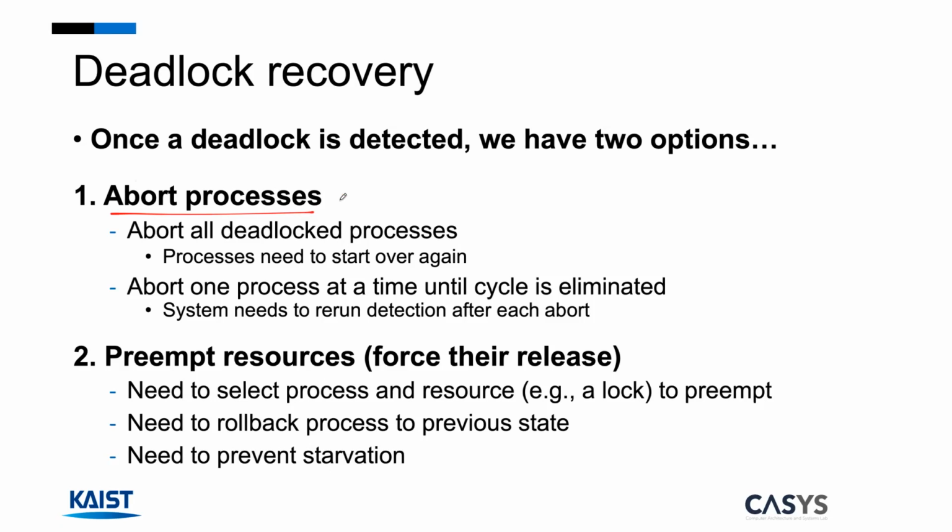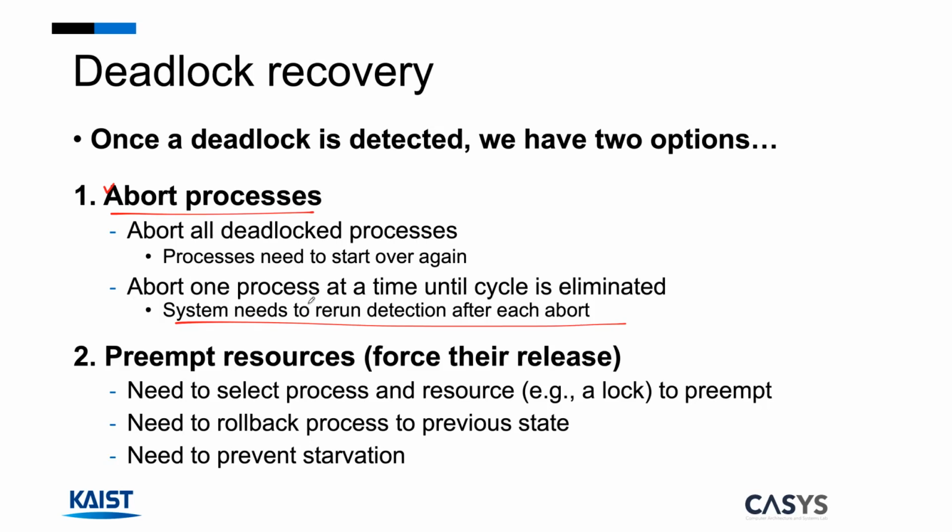So the process is involved in the circular cycle. If the operating system aborts a process first, then it breaks the cycle, hoping that the system can progress. This does not guarantee that the deadlock is always resolved.